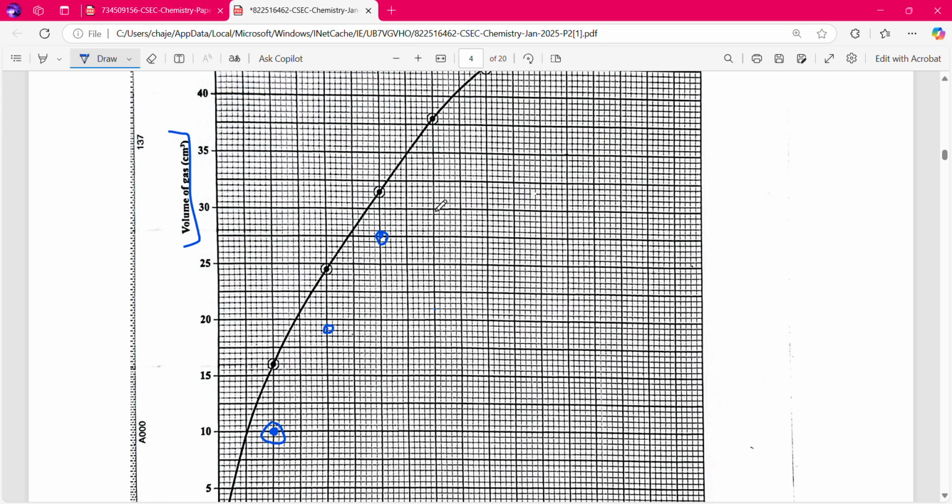Okay. You know, I plotted that point earlier incorrectly. You said 25.5, right? So this is 25. Yeah, 25.5 would be here.